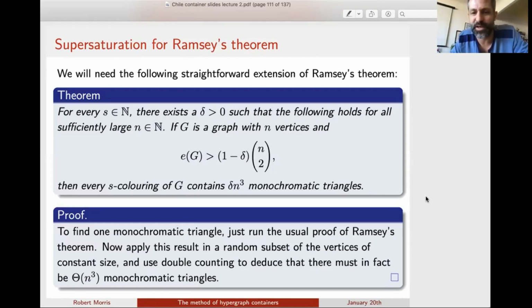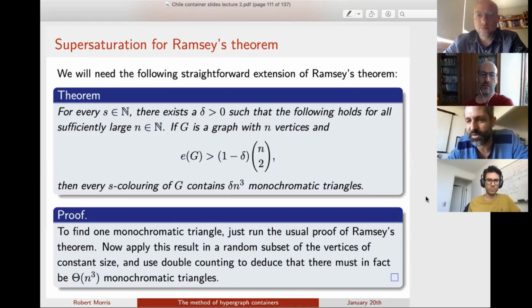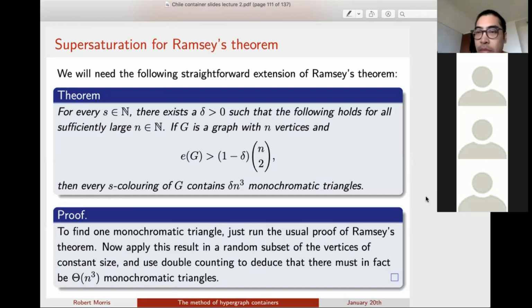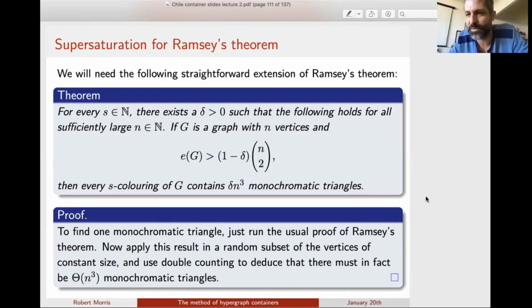So by the proof of Ramsey, you'll be able to find a monochromatic triangle inside there. And then by double counting, if this happens most of the time, then you must get the correct number of triangles. Okay, so this is a very useful idea. I tried to emphasize this in the exercises more than in the lectures: proving supersaturation theorems is often quite simple. You just take a random subset, find a copy in there, and double count. This is a very useful general way to prove supersaturation.